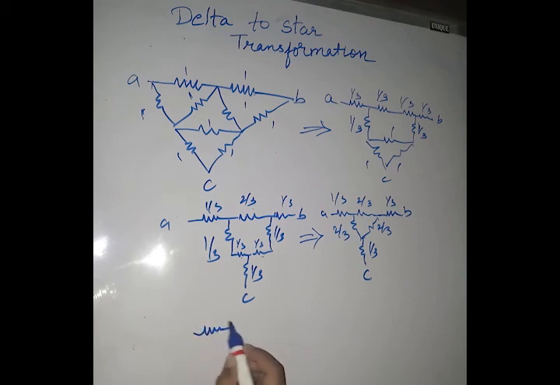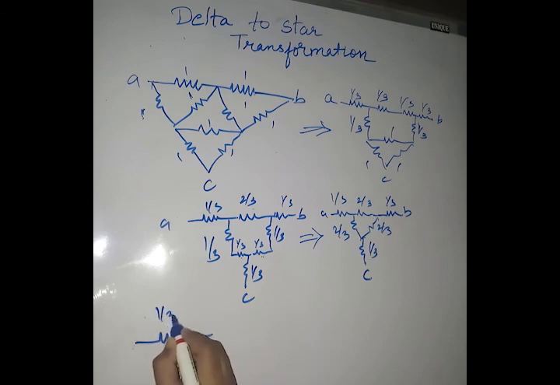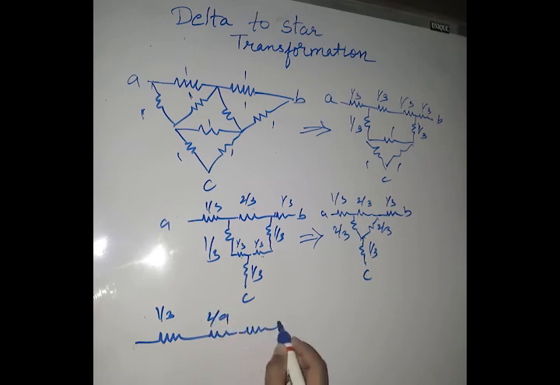So 1 by 3, 1 by 3, 2 by 9, 2 by 9, 1 by 3, B, A, 2 by 9, 1 by 3 and C. See?